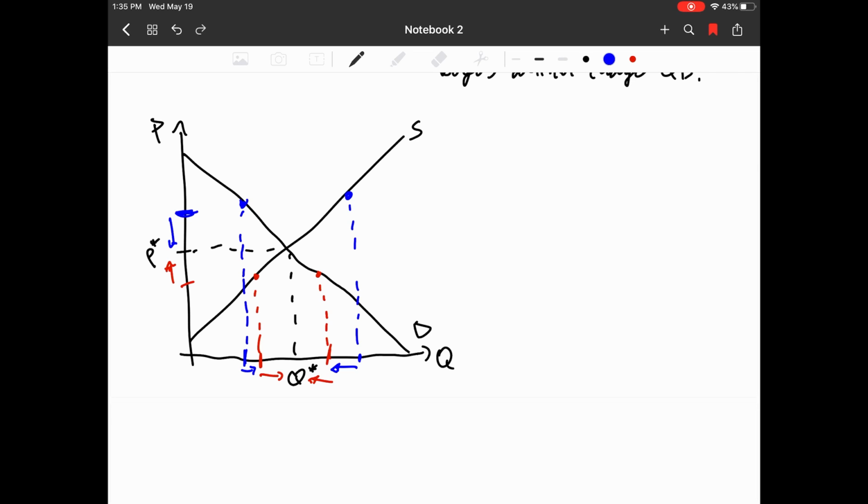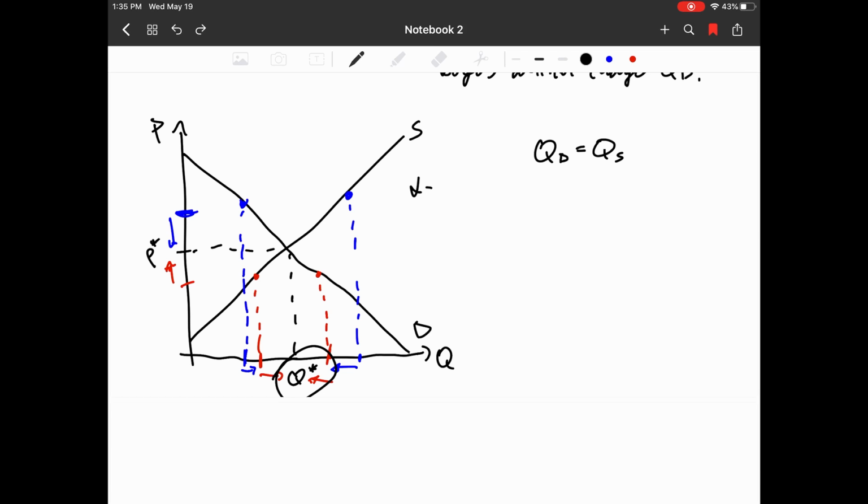So let's just set this up. QD is equal to QS, and this is coming from this relationship here. In equilibrium, these two are going to be equal. So we'll go through and write these equations out. If you have these on a separate piece of paper, you can look back at them. I have them here in my notes.